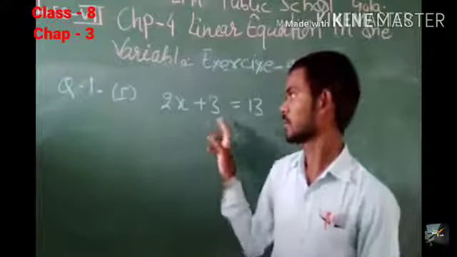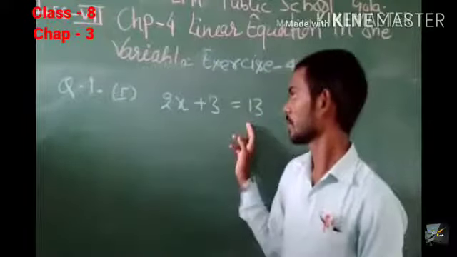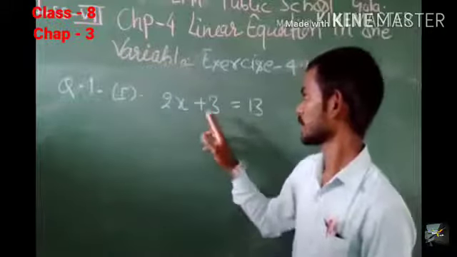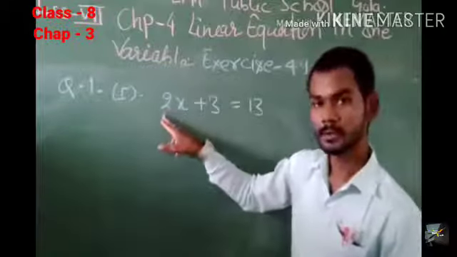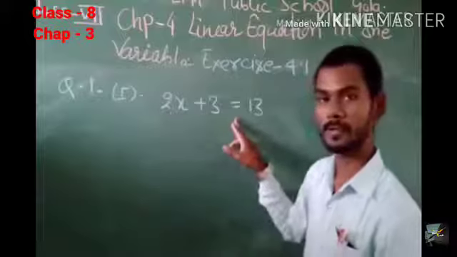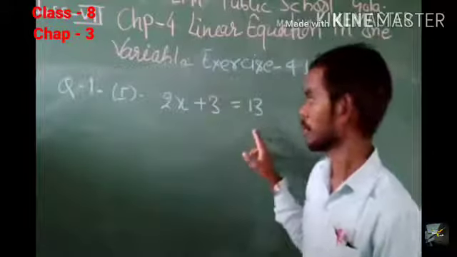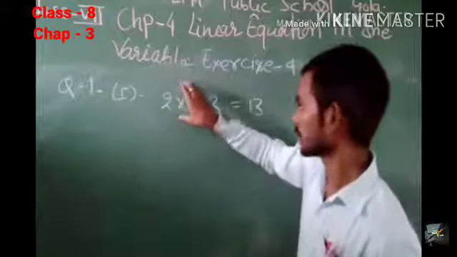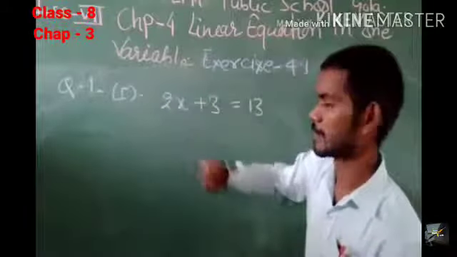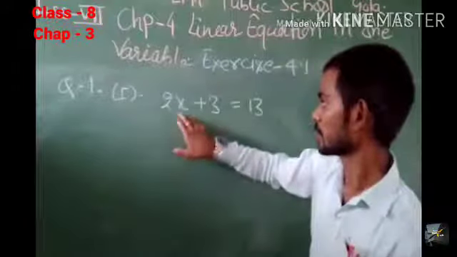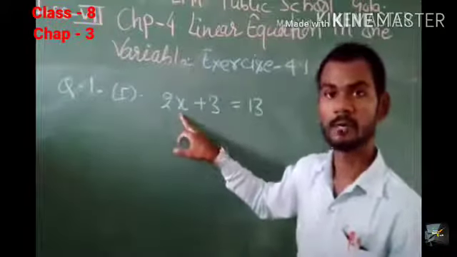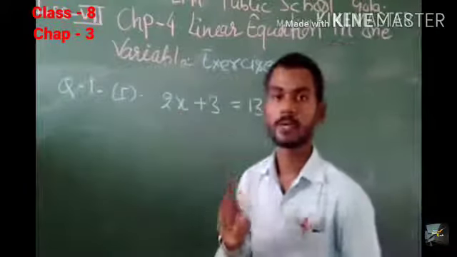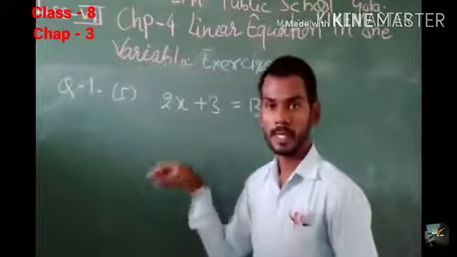In order to solve this question, we can see that the equation is 2x plus 3 is equal to 13. Here we have to isolate this variable. That means this variable should not contain any numeral value with it.